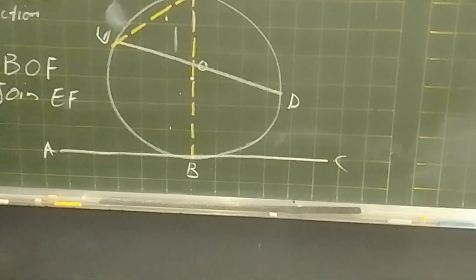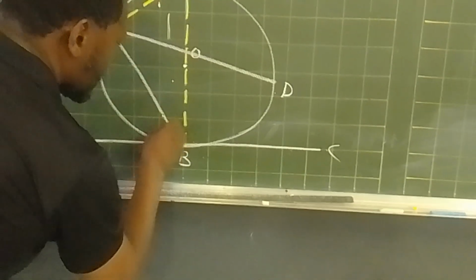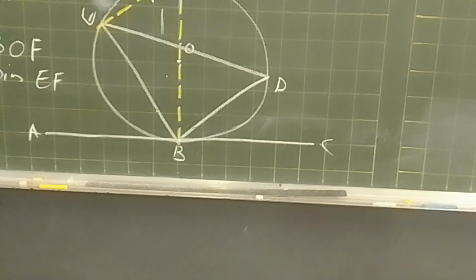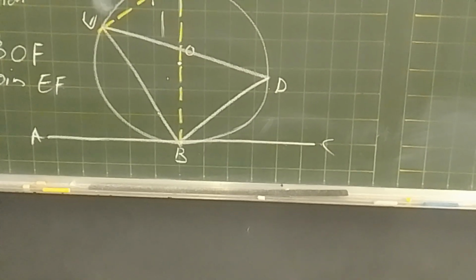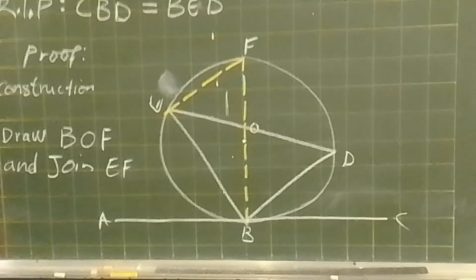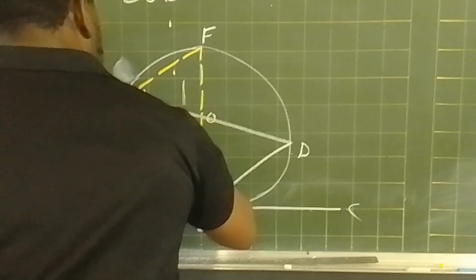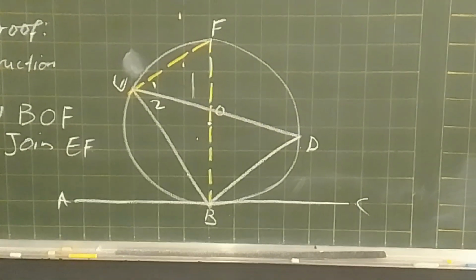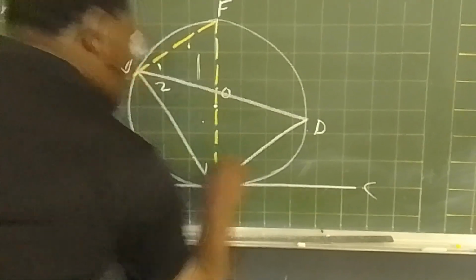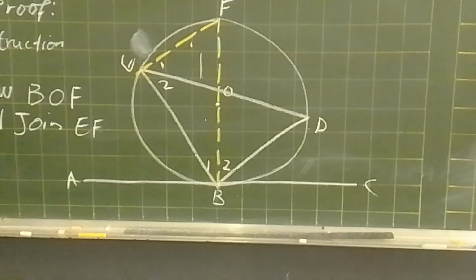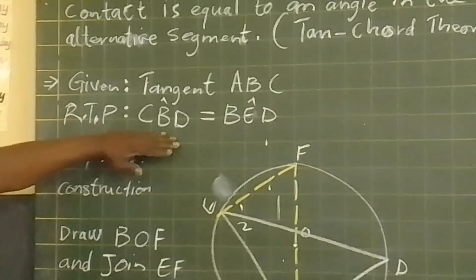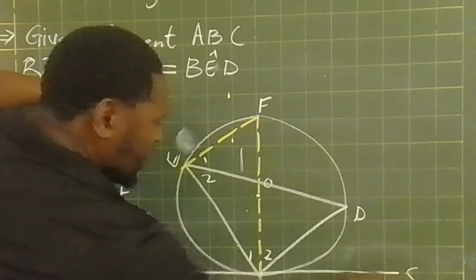This is what you are given: E1 and E2, B1 and B2. Now, we are required to prove CBD.